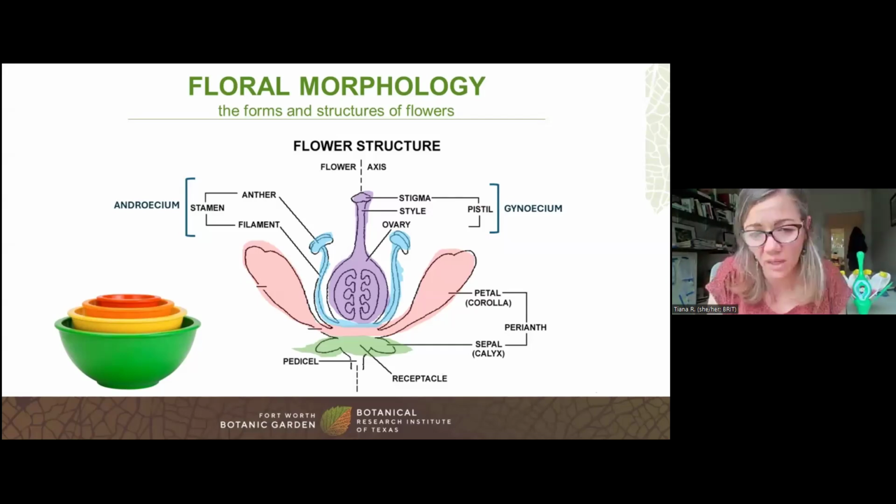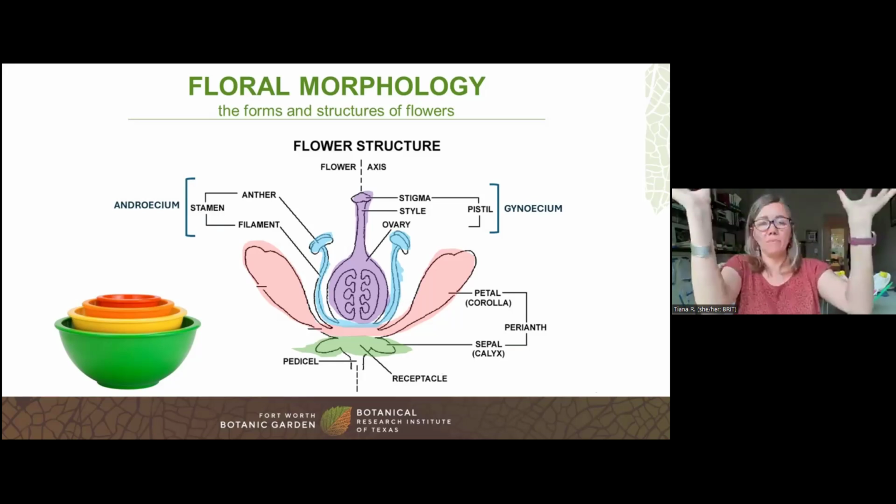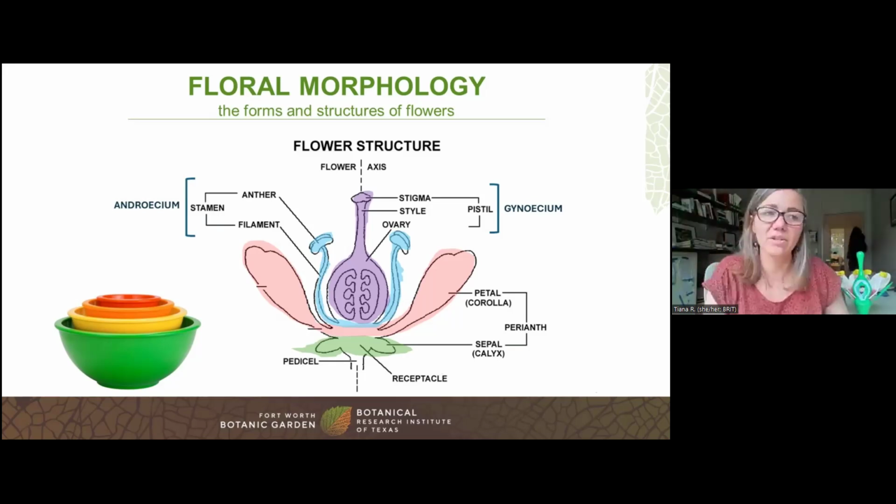So if you're describing a flower, you can say it's the perianth, because you can't tell which ones are the sepals and petals, because some flowers have evolved so those two things look very similar. In Alstroemeria, which is a really good example to dissect, the sepals and the petals have evolved to look similarly to make for a bigger billboard, a bigger showy display for pollinators. So perianth. And then inside that, we've got the androecium and then the gynoecium.